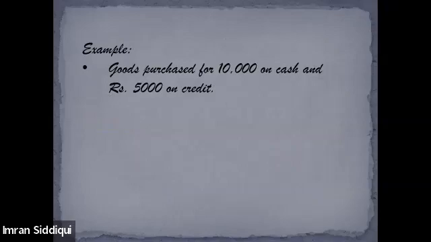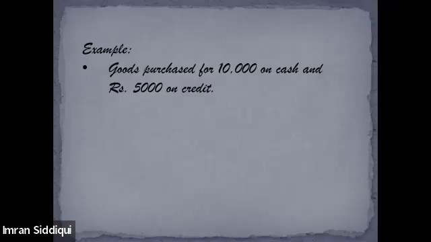Goods purchased for rupees 10,000 on cash and 5,000 on credit. So in this transaction, total goods of 15,000 have been purchased. Goods costing 10,000 have been purchased on cash, and the remaining 5,000 have been bought on credit. So this transaction will be affecting three areas of business.